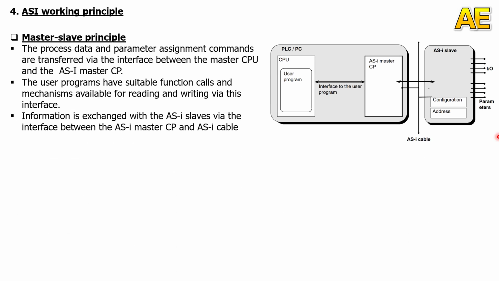Okay, next the master and slave principle. The process data and the parameter assignment commands are transferred via the interface between the master CPU and the AS-i master CP. You can see here.